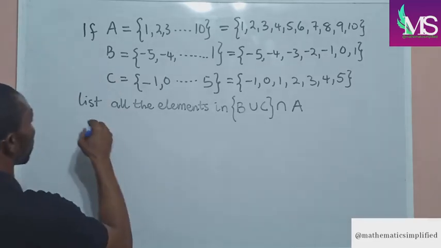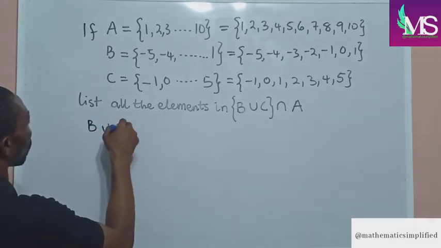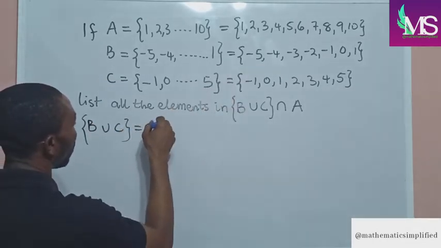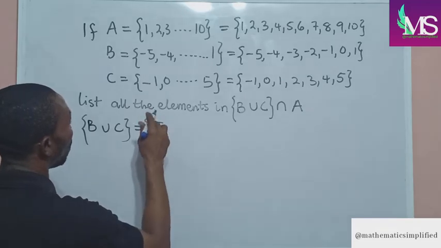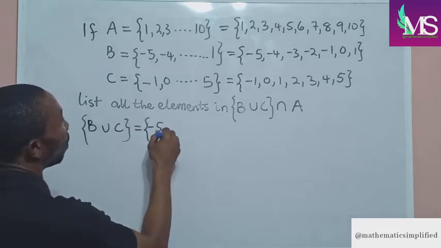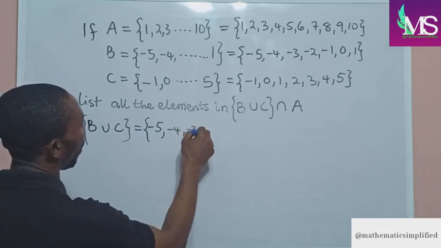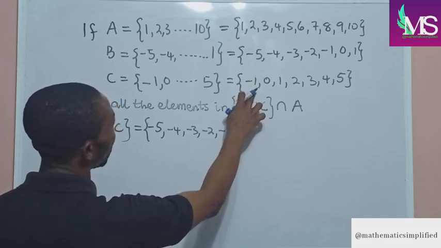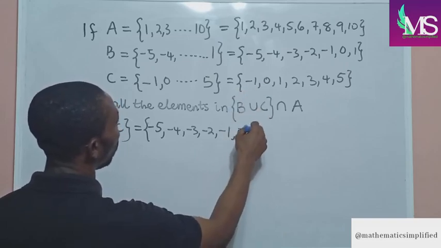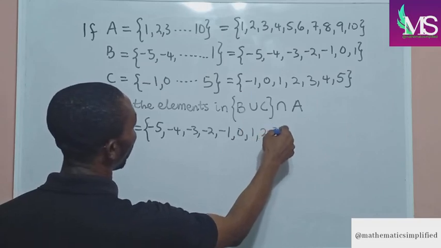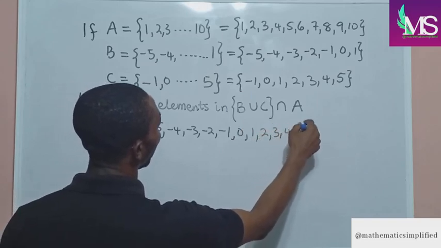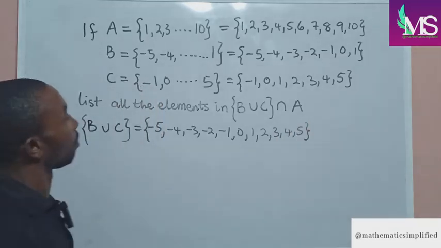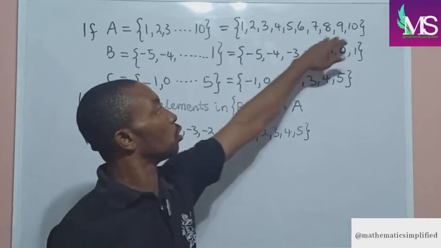So B union C would give us from minus 5, minus 4, minus 3, minus 2, minus 1, which is where C started from, 0, 1, 2, 3, 4, and 5. Now the set A is 1 to 10.